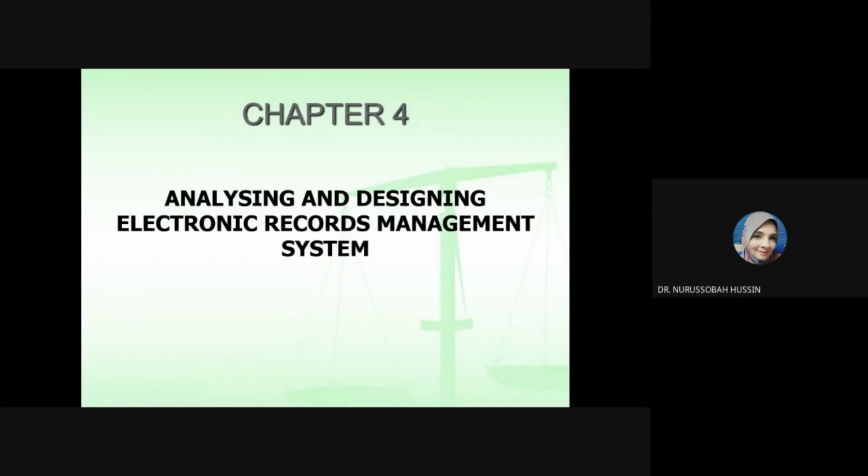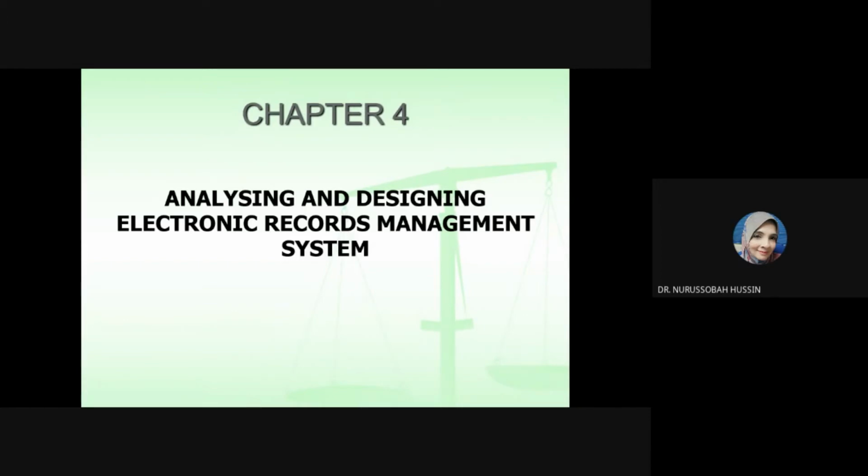The system should be able to have all those criteria. For example, records cannot be edited, cannot be deleted, altered, and so forth. And the system should have the retention period. We can't store all the information permanently.